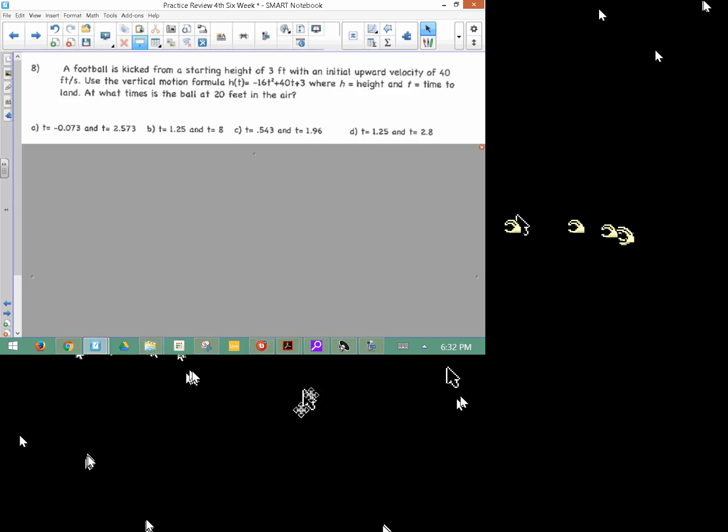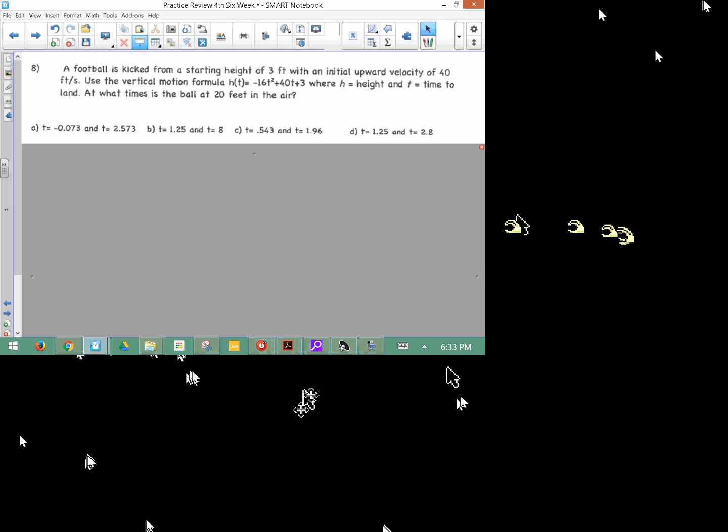Can you spell graph trace? That's what I would do with this. There are many ways to solve this. But our approach is, let's graph the path of this football. We won't use t, we'll use x. We'll graph it, and then pick out on the graph using graph trace where this graph is equal to 20.